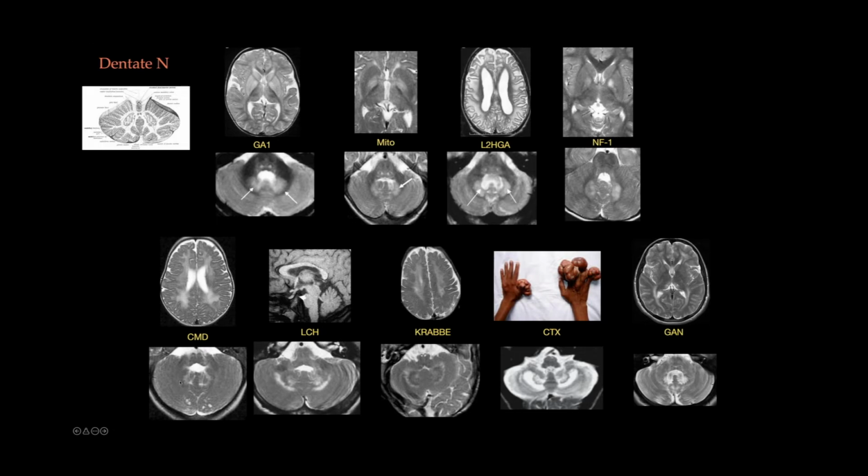The heterogeneous appearance of the dentate can be seen in congenital muscular dystrophy, merosin-negative CMD, LCH, and lysosomal disorders such as Krabbe's, CTX, and this is Aigen's case of giant axonal neuropathy. So here are the differentials, at least on an imaging basis. If anyone wants to add anything further, Dr. Mankad or Dr. Lokesh.